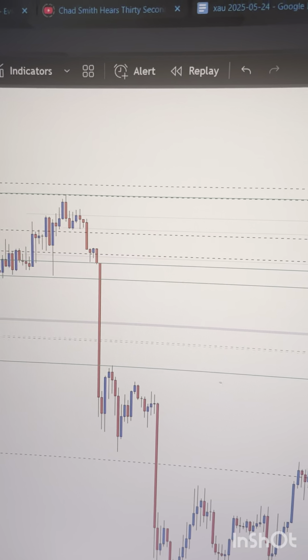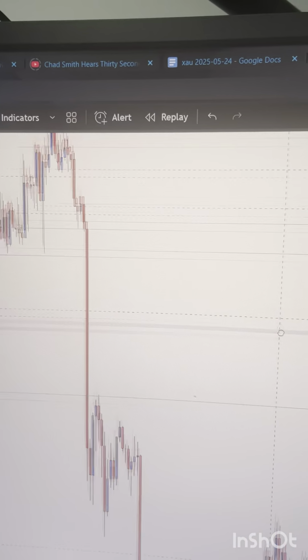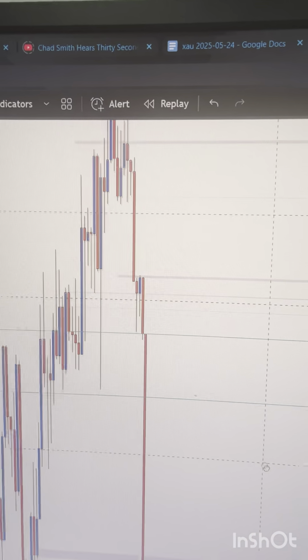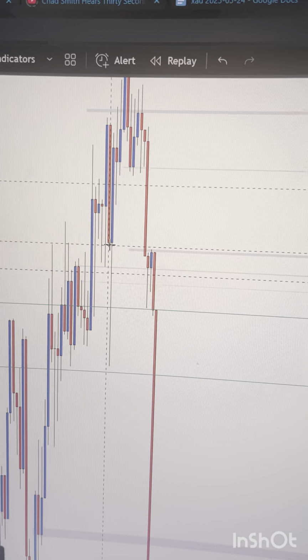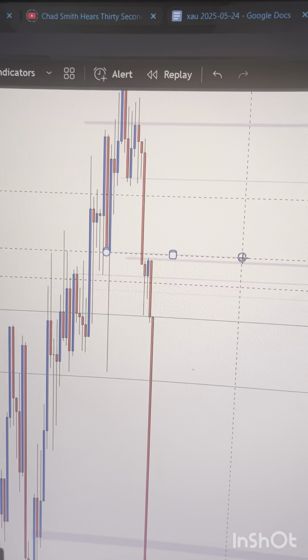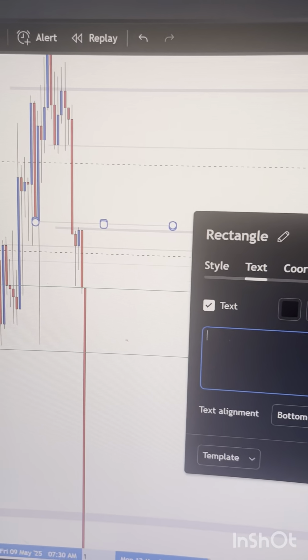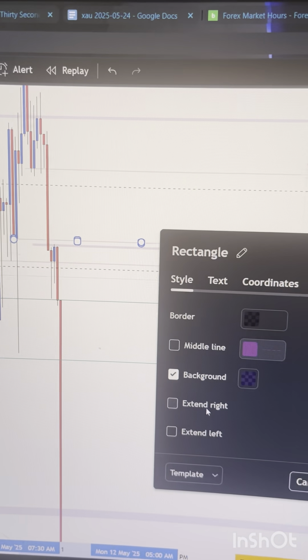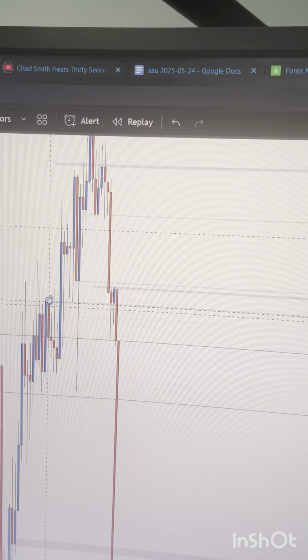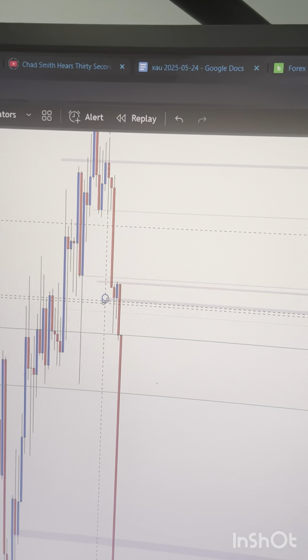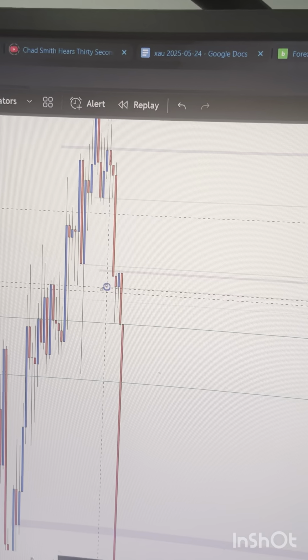Somewhere around here. I might have to zoom in. Yeah, okay, perfect. So here, and we can add another one right there. Let's just extend this to the right. Let's fix this up a little here.